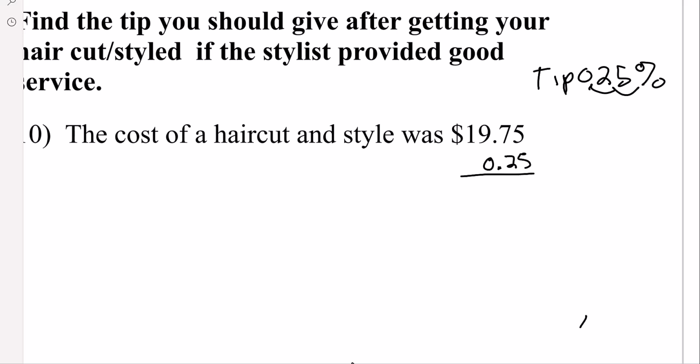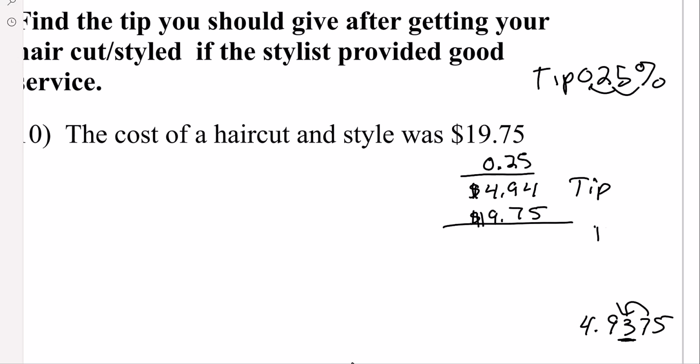And again, we've got something that's going to round. This 7 will cause that to round up. So that is $4.94, the tip you're going to pay. And now we're going to add back in the $19.75, and that will be the total that you are paying that day.